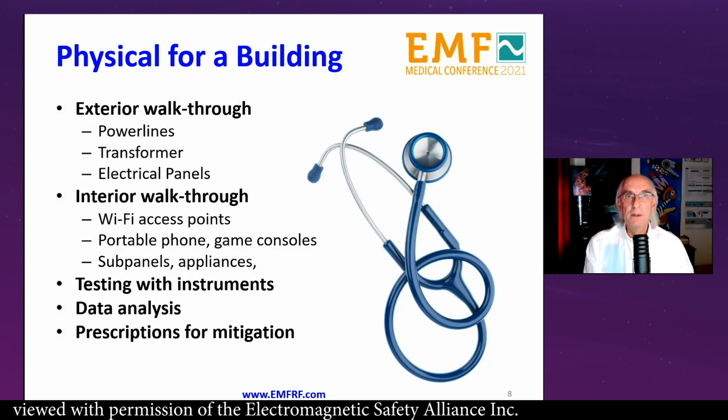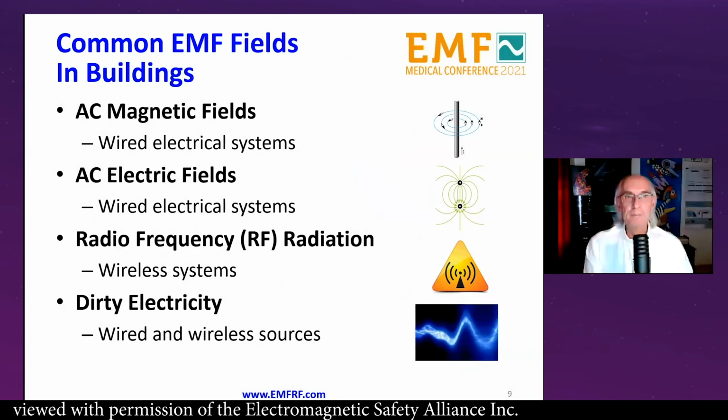And you may need to have some testing tools, some meters, and we'll talk about what meters would be appropriate. We definitely want to identify where the circuit breaker panels are, because that's where the electricity is coming into the building. We want to measure, we want to analyze the data we have, and based on what we find in the building, we develop a treatment plan or a mitigation plan for that particular building, right?